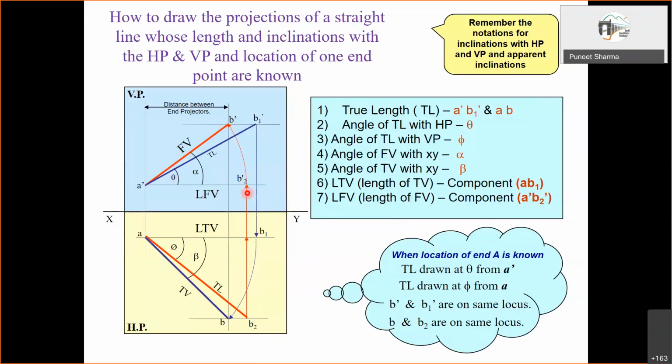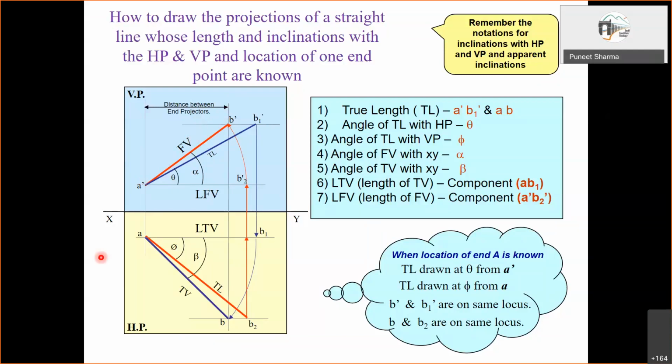So if we bring this A dash B2 dash to this level, then both the conditions are merged together. This A dash B dash then represents the front view for the case when the line is inclined at angle theta with the horizontal plane and angle phi with the vertical plane.